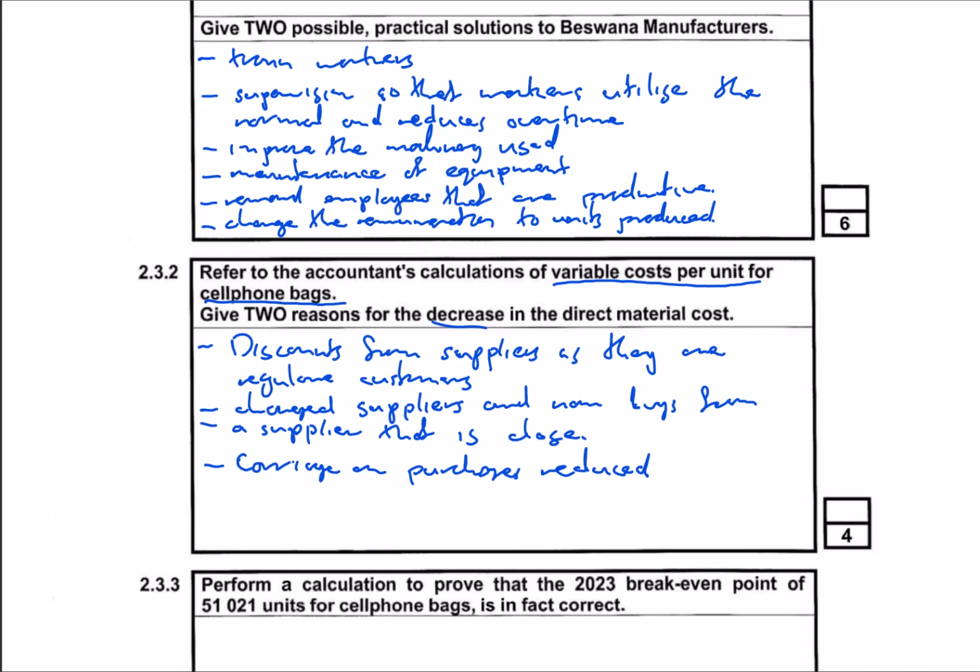So they might change suppliers, or receive discounts. Changing suppliers will lead to finding a cheaper supply as well, and better quality.